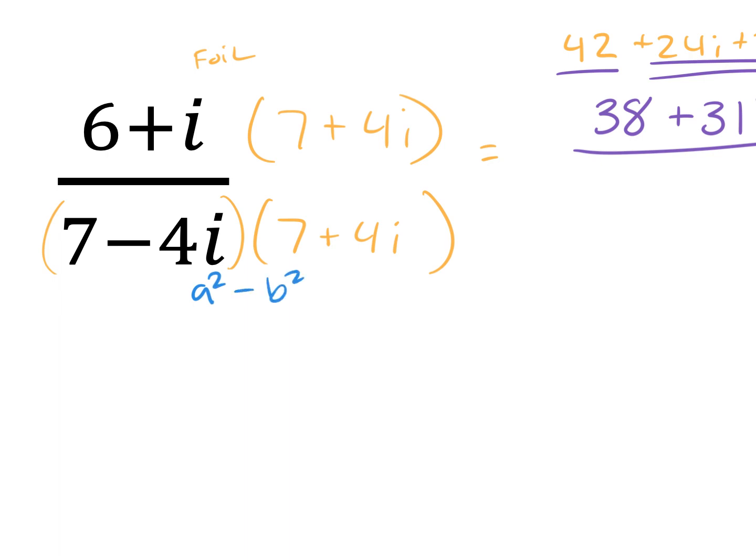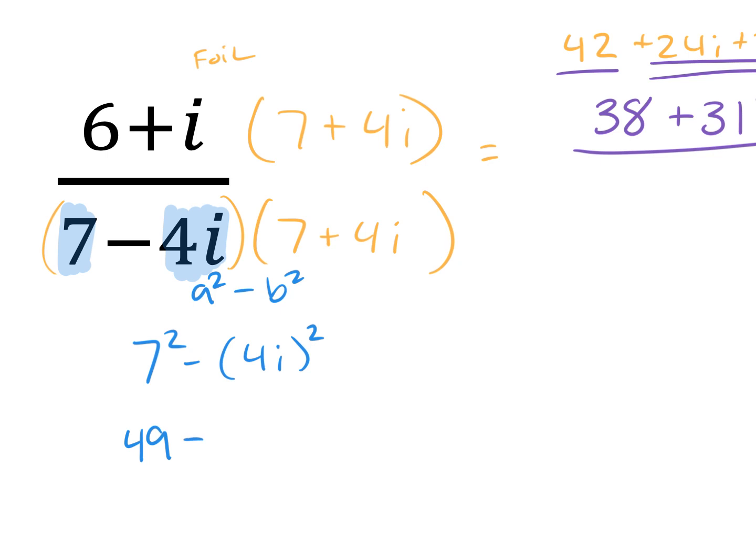So our a is going to be the first number, and our b is the second number. So 7 squared minus 4i squared. What's 7 squared? 49. What is 4i squared?